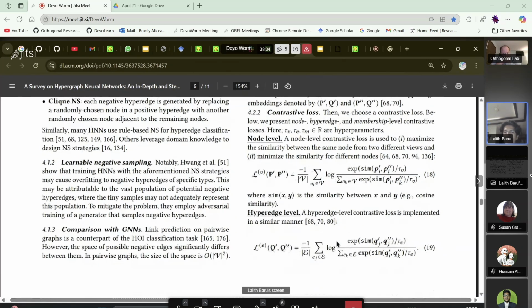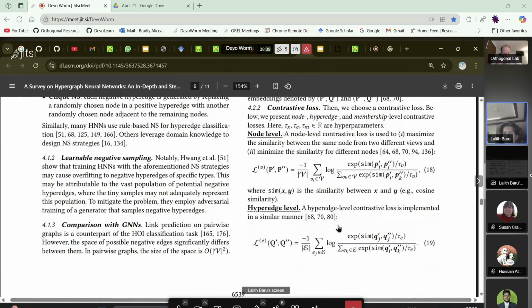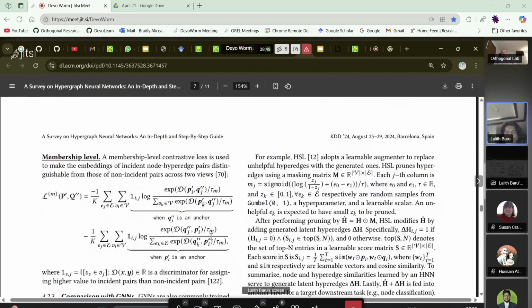So this is one way, and this is at a hyperedge level. The earlier one was at a hypernode level. The only difference we see is that instead of encoding the information in the hypernode, here we use the hyperedge. And at the membership level, suppose Q dash is an anchor.